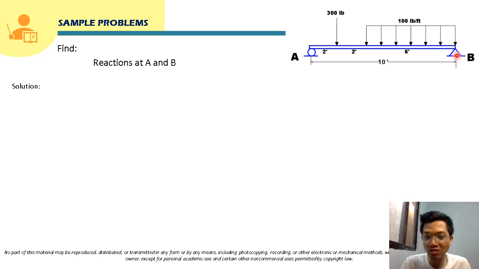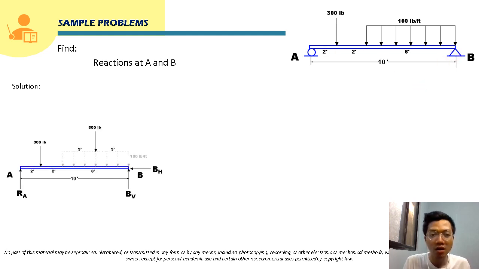So let's draw now the free body diagram of this beam AB. This will now be its free body diagram. We have the concentrated load here, which is 300 pound. And we already resolved this uniformly distributed load into its equivalent concentrated load, which is just the area of this rectangular load.